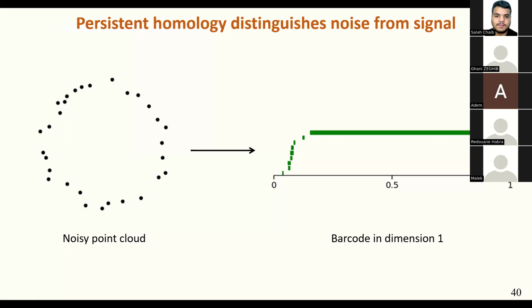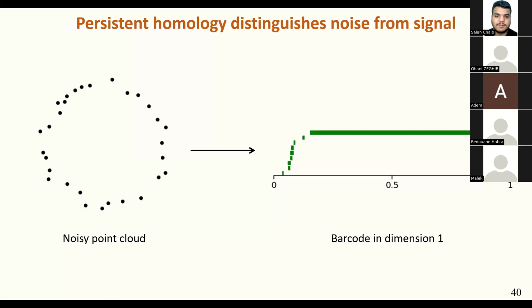We can talk about this theorem later on, but the idea is that even though there is noise in the point cloud, what we are capturing in the barcode is the real signal of the point cloud.